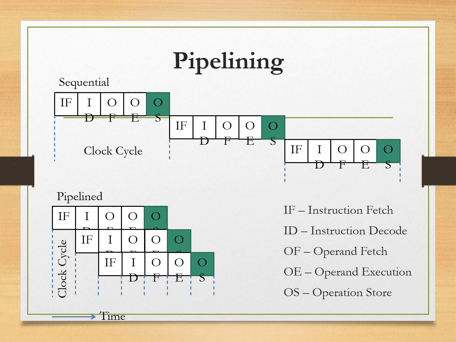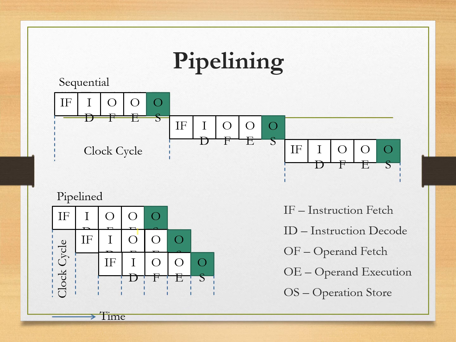At the third cycle, the operand of the first instruction is fetched, OF, while the second instruction is being decoded, and you also fetch the third instruction, and so on.